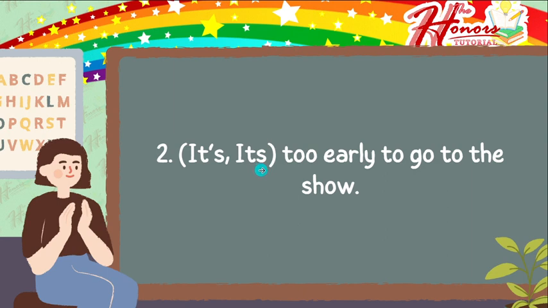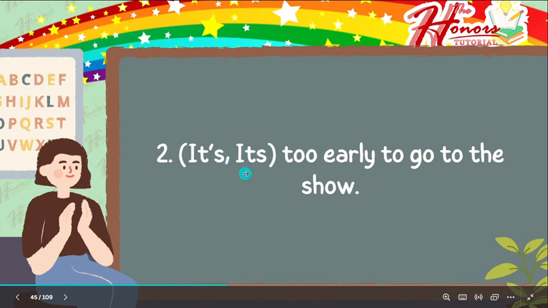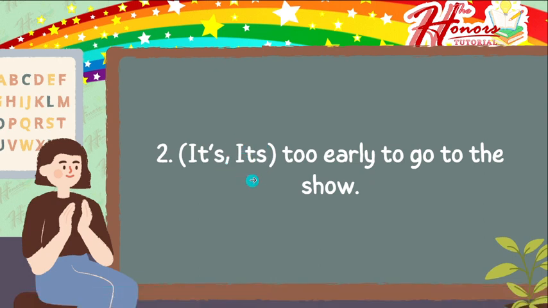What's your answer? Okay, very good. In this example, we are going to use the word that has a contraction. It is too early to go to the show. We cannot use its because it doesn't indicate any ownership or possession. Do you follow? Alright, very good.